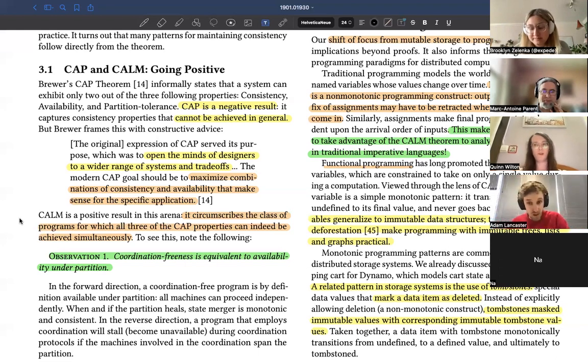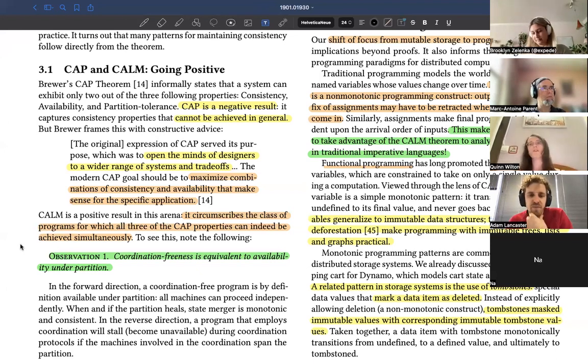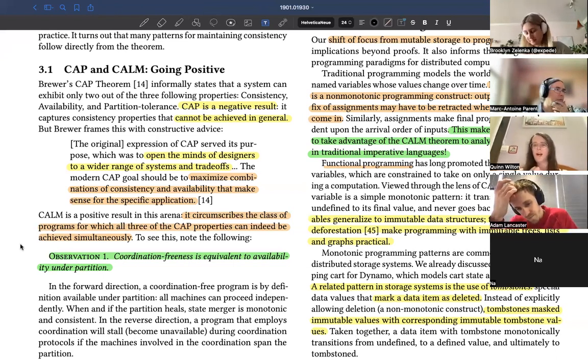Mm-hmm. So the CAP theorem was originally an informal result. I forget whether it was actually proven and under what conditions, but it was essentially a trilemma for distributed systems, and basically said, the way people usually quote it, that you can choose 2 of 3 for availability, consistency, and partition tolerance.